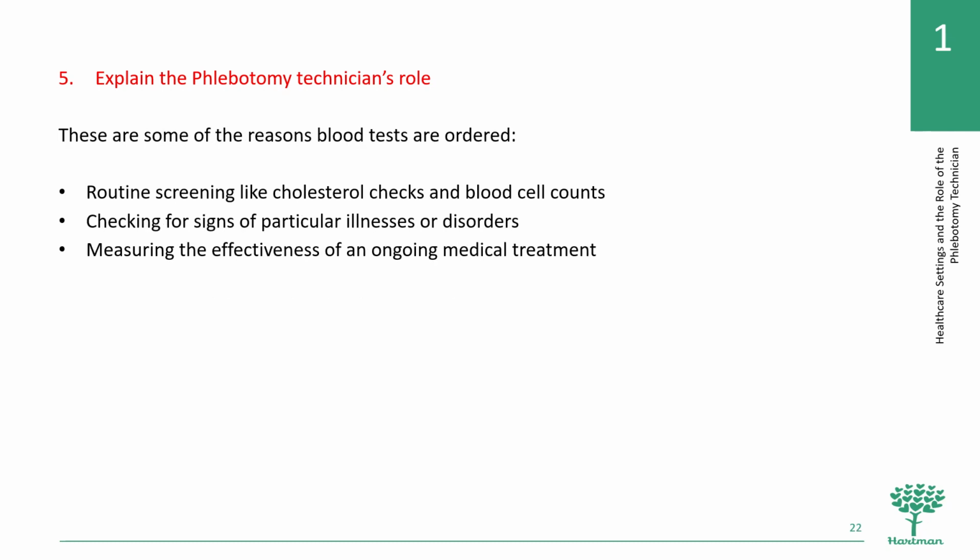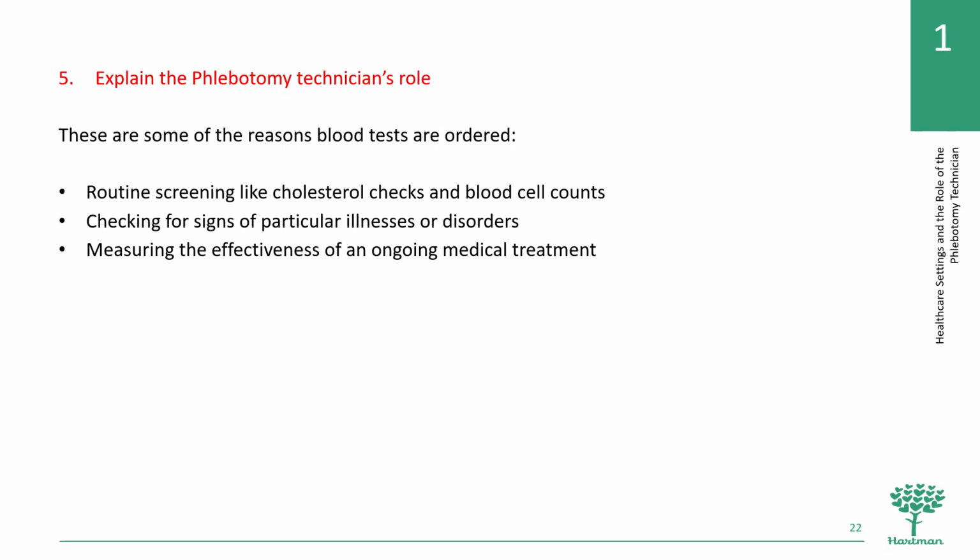Drawing and processing blood specimens is the phlebotomy technician's primary responsibility. Specimens of a patient's blood may be required for routine screening, such as checking cholesterol levels or the number of red and white blood cells. Routine blood tests can also give doctors an idea of how well a patient's organs or body systems are working.